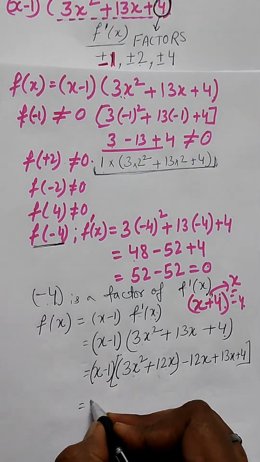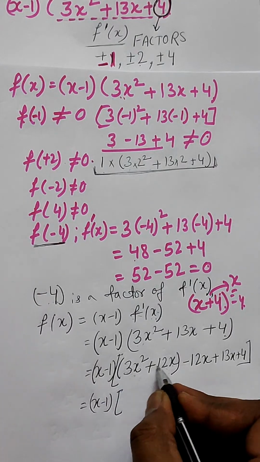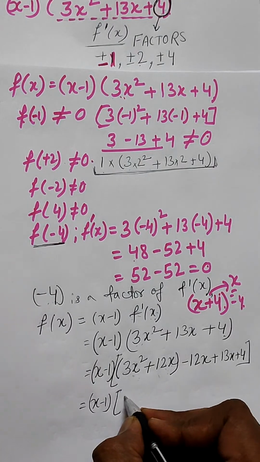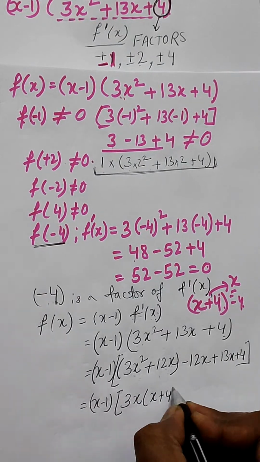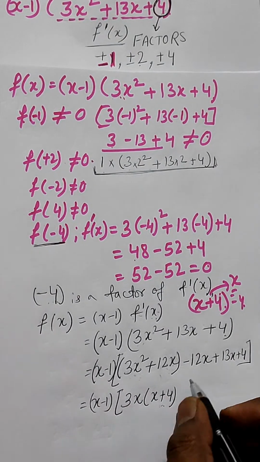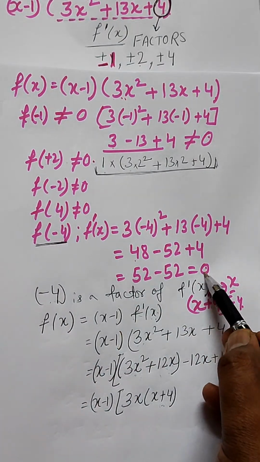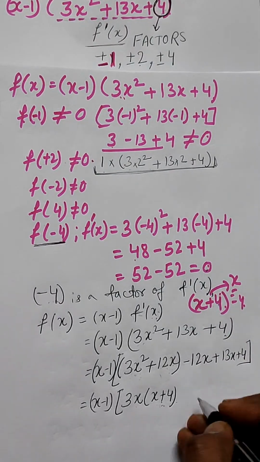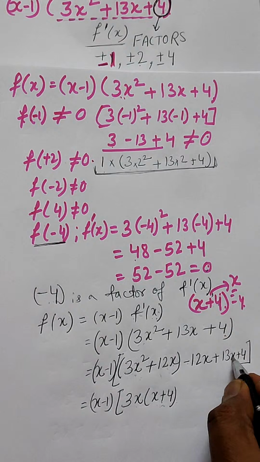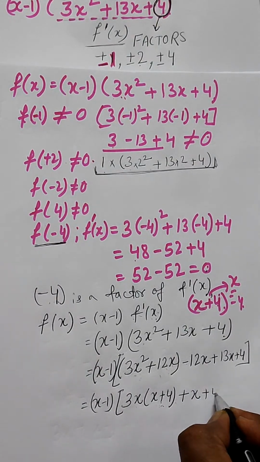This will give you x minus 1, and from 3x square plus 12x, you can see 3x can be taken as common, and we are left with x plus 4, which is our another factor which we have calculated, for which f dot x is 0. So x plus 4 is taken out, and from minus 12x plus 13x we can write plus x plus 4.